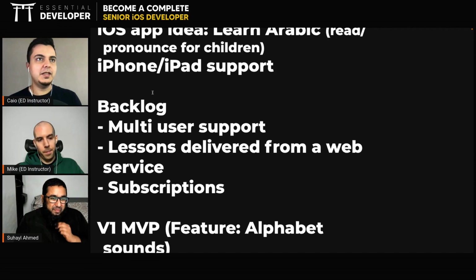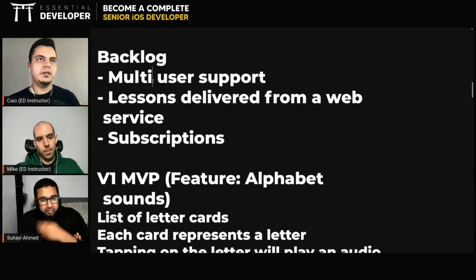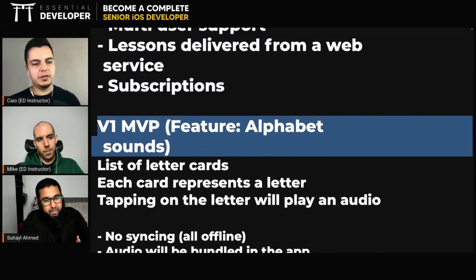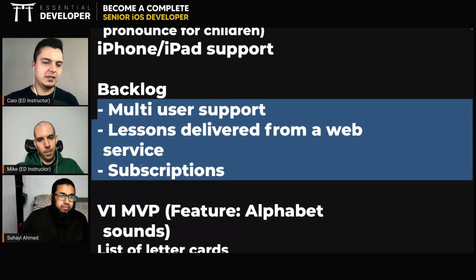Yeah. So it's important to have this idea of the backlog, because having an idea of what you want to achieve when you are implementing V1, V2, V3, even though you're not doing those tasks yet, you can already start designing your app, facilitating those things to be added down the line. For example, if you just have a global user singleton, that is very common, every application you get out there uses this.